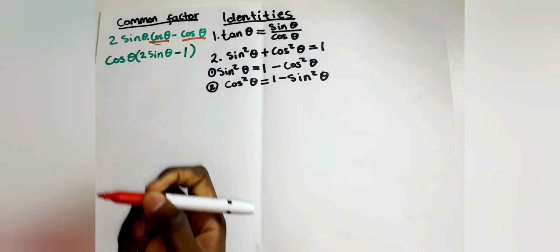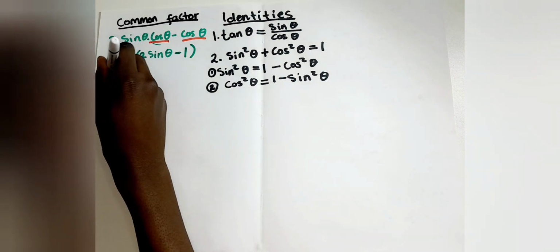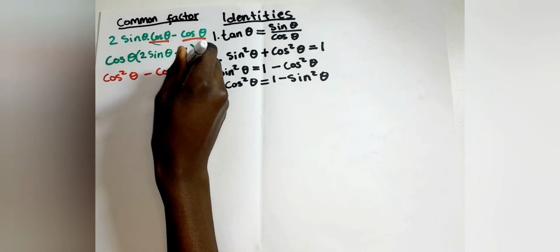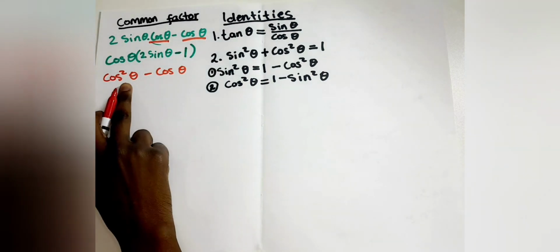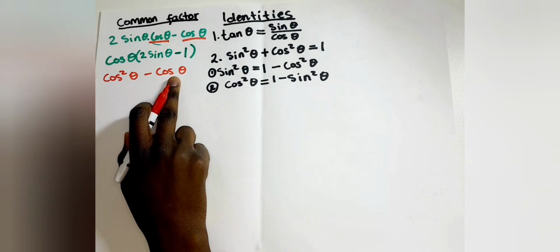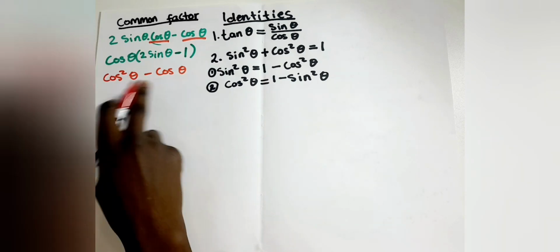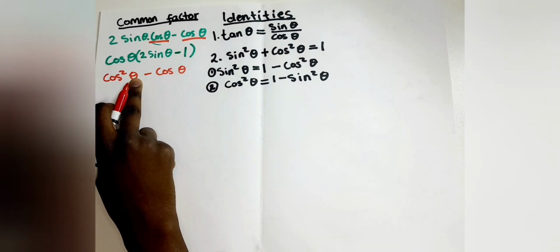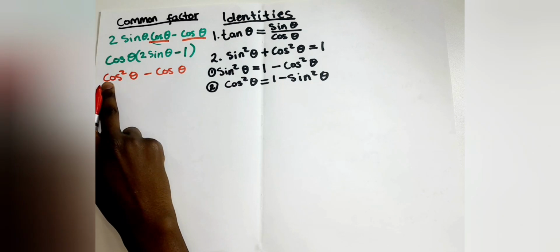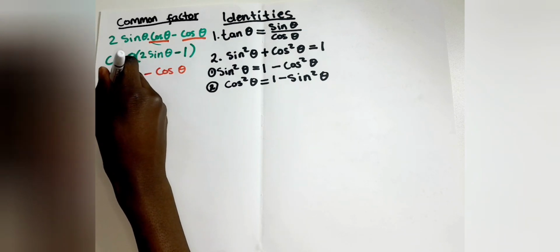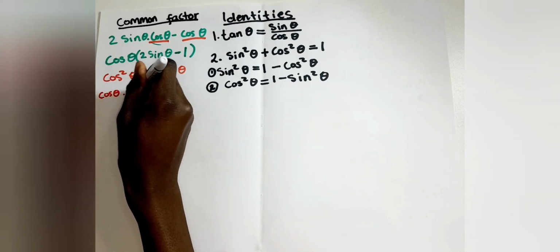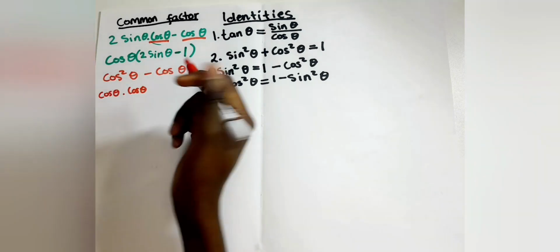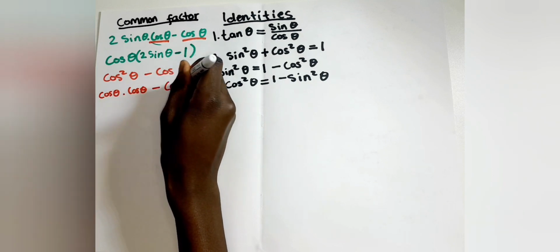Now let's check another one. Let's say you're given cos squared theta minus cos theta, and they say simplify or factorize. You check: cos squared theta, as I said in the last videos, means you have cos theta times cos theta, and then minus cos theta.